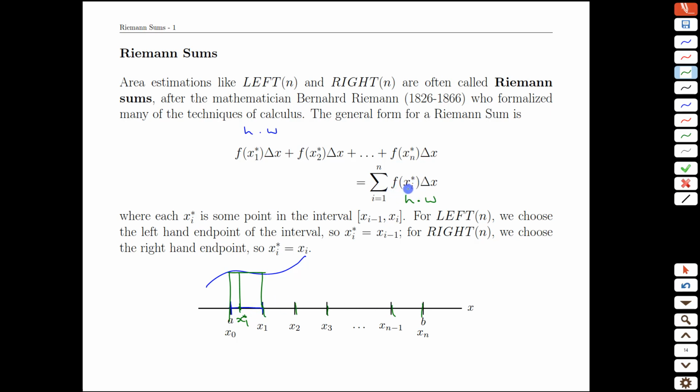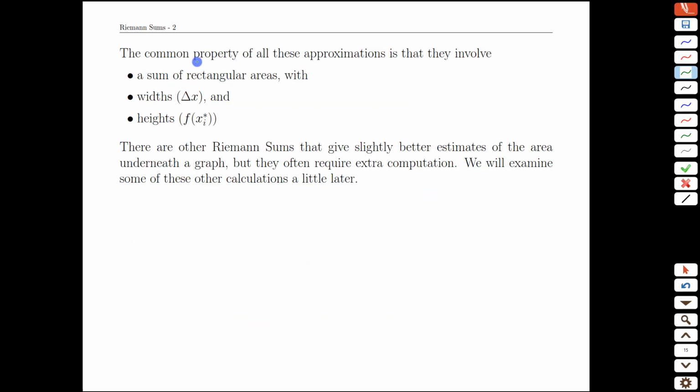Anytime you feel like there's this combination of a height times a width for an area, or possibly a velocity times time to get a distance, and you're adding that up over small intervals, that in shorthand is what we mean by a Riemann sum. To formalize that a bit, all of these approximations have in common that they're sums of rectangular areas, there's a width, and there's a height evaluated by putting an x-coordinate on an interval into our function.